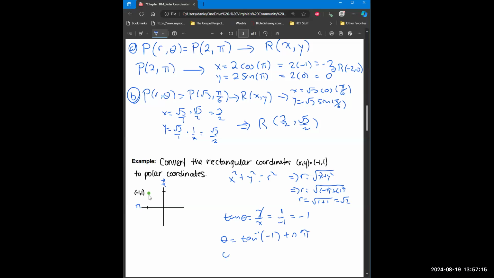So theta is going to be equal to -pi over 4 plus pi. And we want to be in quadrant 2 going counterclockwise, so that's going to be 3 pi over 4. So our polar coordinate is going to be r is the square root of 2, theta is 3 pi over 4.